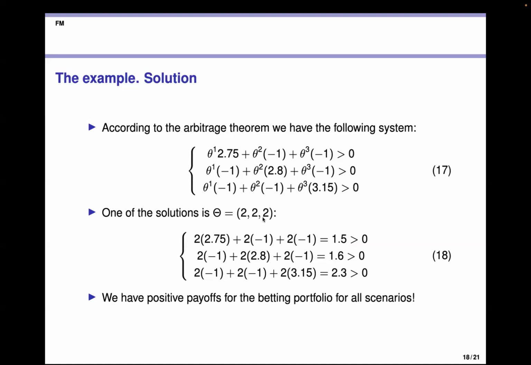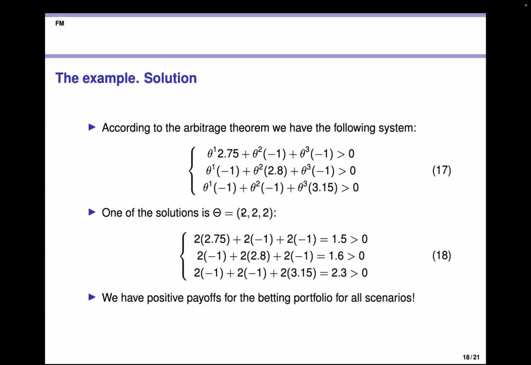Okay. So one of the solutions is this point with coordinates 2, 2, and 2. Let's check that it is really a solution of this system of linear inequalities.